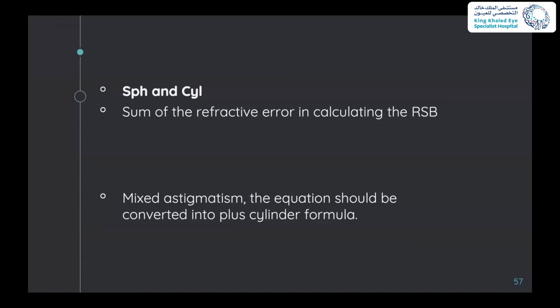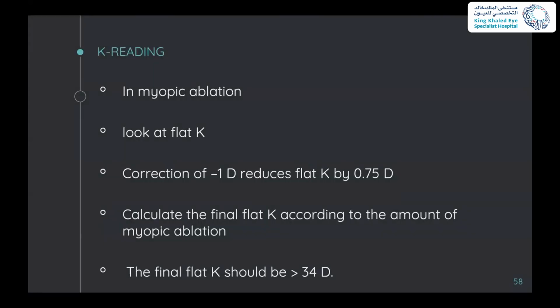And if you're having a mixed astigmatism, then the equation should be converted to a plus formula, then you do it. For the K reading in a myopic patient, you need to look at the flat K. Then each diopter of correction reduces the flat K by around 0.775 diopter.